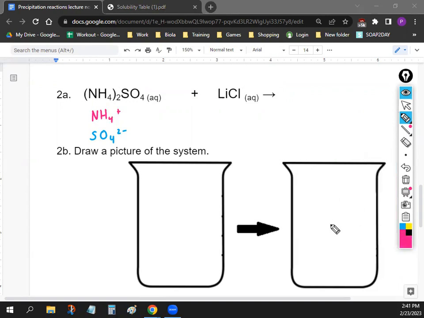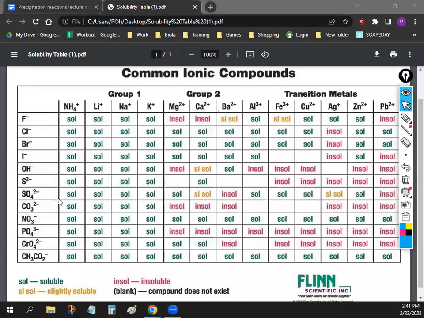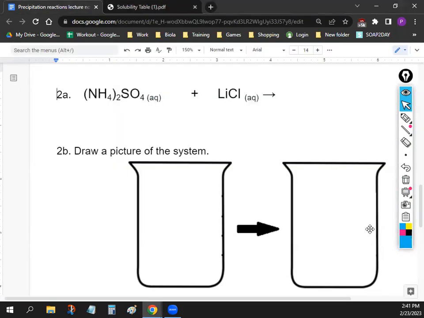The next one is going to be Li plus right here and Cl minus. If you're confused about how we got any of these ions, take a look at the solubility table. See how it's NH4 plus, SO4 2 minus, Li plus, Cl minus. If you don't know, make sure you go back to the solubility table, all right?